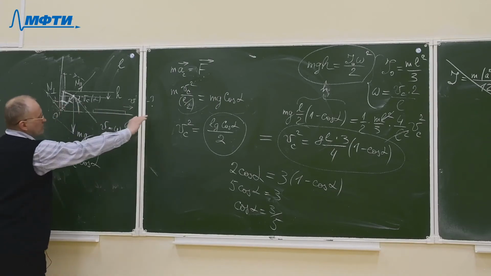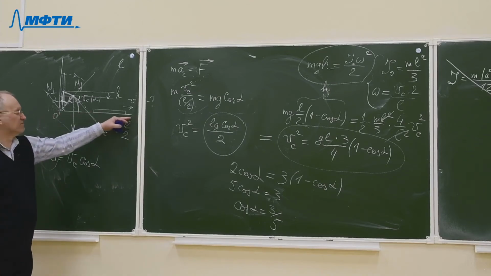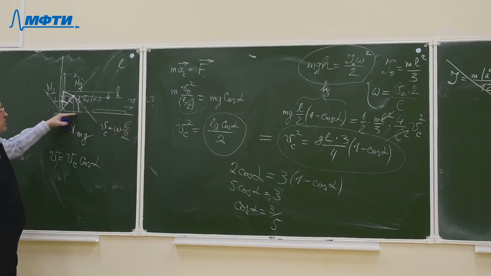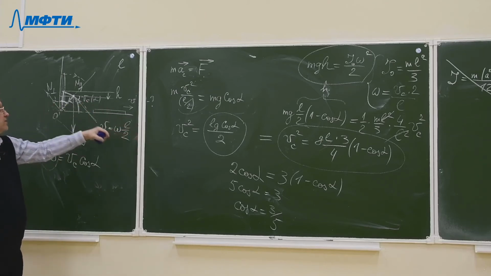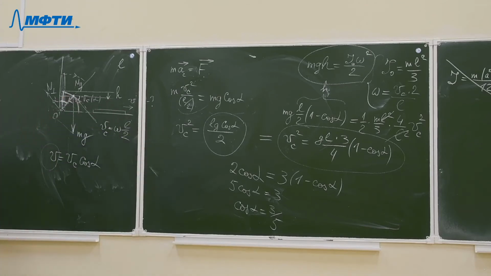We know that it will be conserved because the floor is ideally smooth and there is no coefficient of friction. So there are no horizontal forces. So this horizontal component will be conserved due to Newton's second law. How can a velocity be changed? Only if there is a force.